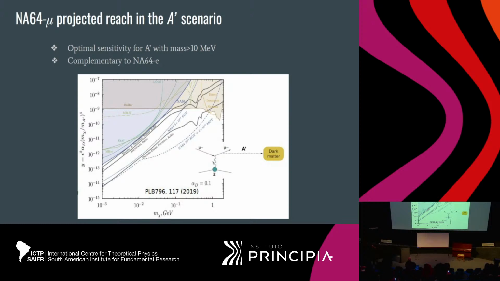Here you see the projections: for the electron part they are enough to reach almost the last thermal target, but they're not enough to cover this region. You can cover this region with muons, and this is the projection for muons. Obviously, this is a very optimistic statistics because you have to collect a lot of data, but this can be considered the final goal for this sort of effort.